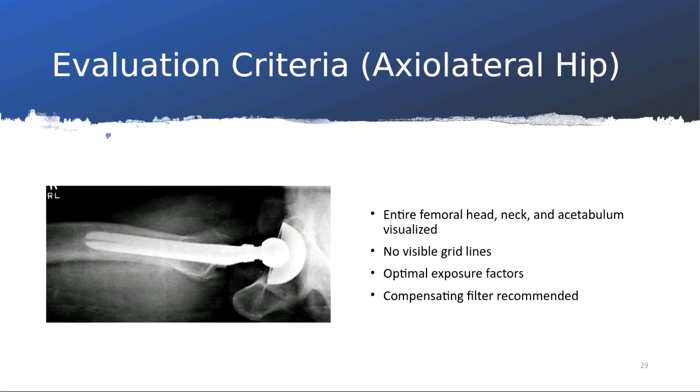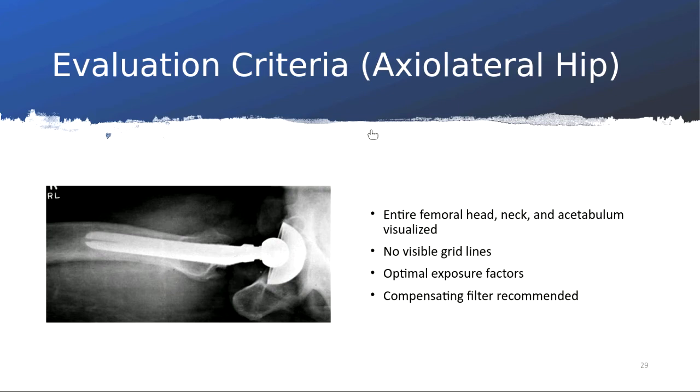Let me try and outline that. The prosthetic acetabulum is this right here. And then the femoral head right there. And then you have the neck portion of the femur right there. So you have to capture all of that.